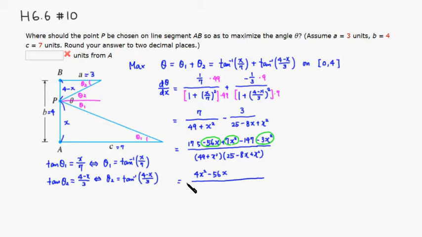Then we will have 175 minus 147, which is 28. So that takes care of these together. The denominator is the same, so we can just set the numerator equal to 0.